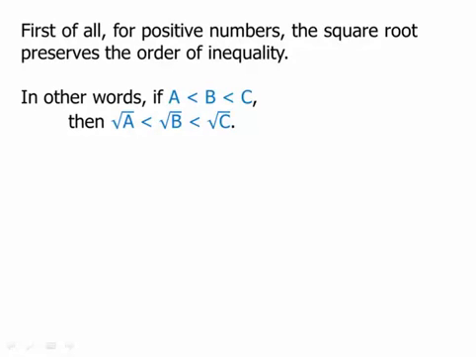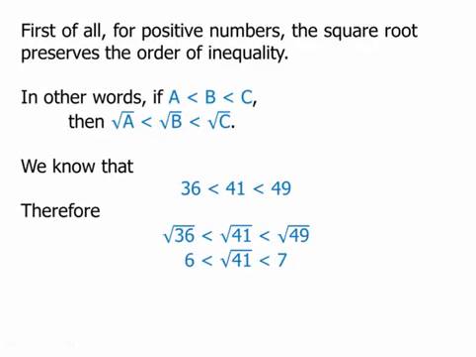If you have an inequality, you can take a square root of each term, and it still preserves the order of the inequality. So we know that 41 is greater than 36 and less than 49. It's between those two numbers. So we can just simply take a square root of all three of those. And of course, the square root of 36 and the square root of 49 we can simplify.